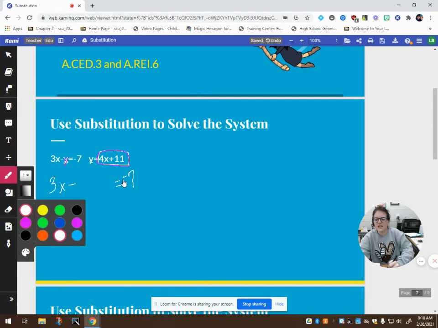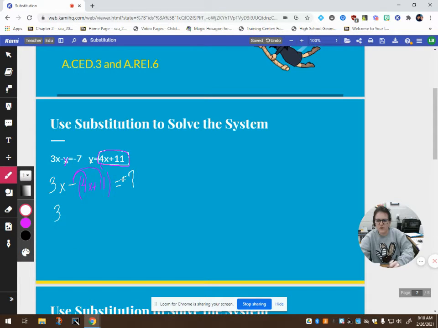But instead of this y here, I'm going to put in place of it what y is the same as. So (4x + 11). Now notice I put it in parentheses because there's a minus outside of here. So this says minus y, so I'm minusing what y is the same as. So I'm going to have to distribute the negative throughout.